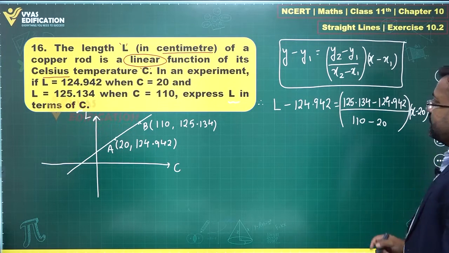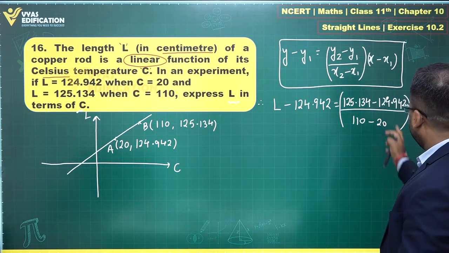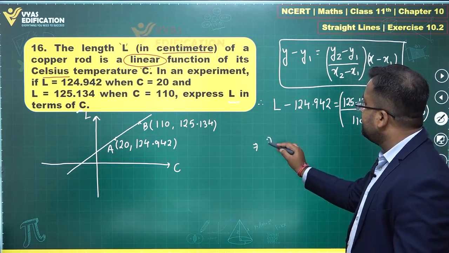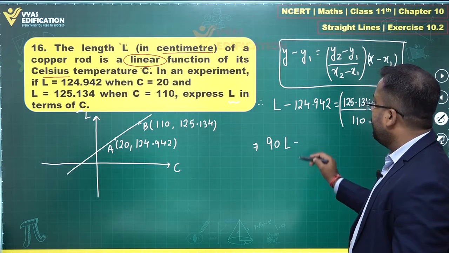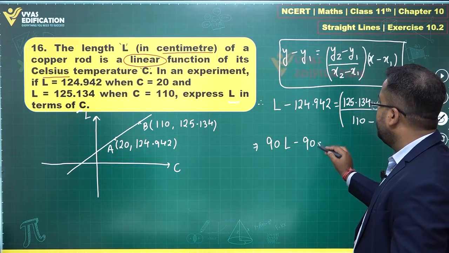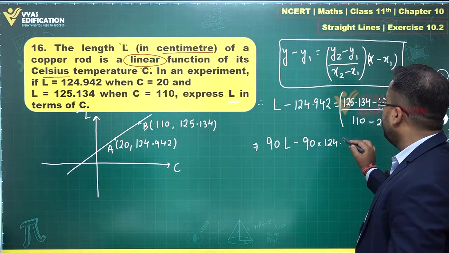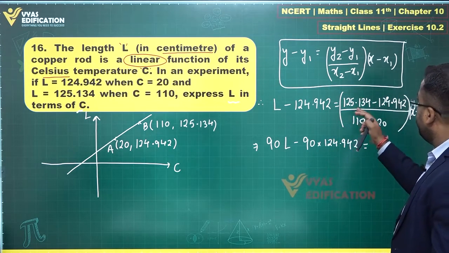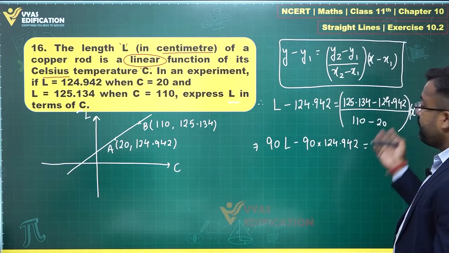This is what I'm getting. Okay, let's simplify this further. This is 90 over here, is it? Yes. So this becomes 90 times L minus 90 times 124.942 is equal to, what is this? 125.134 minus 124.942.